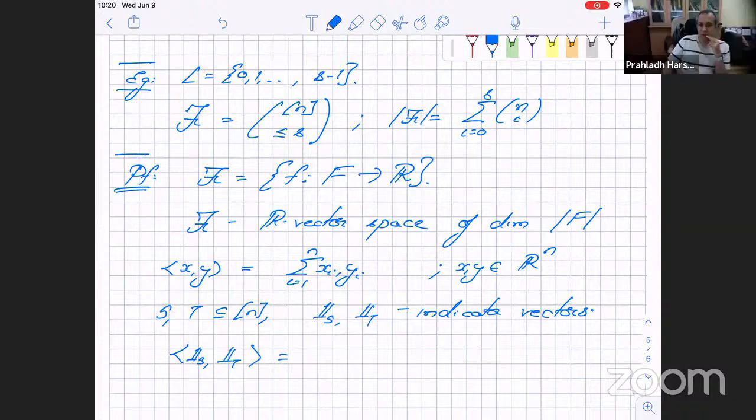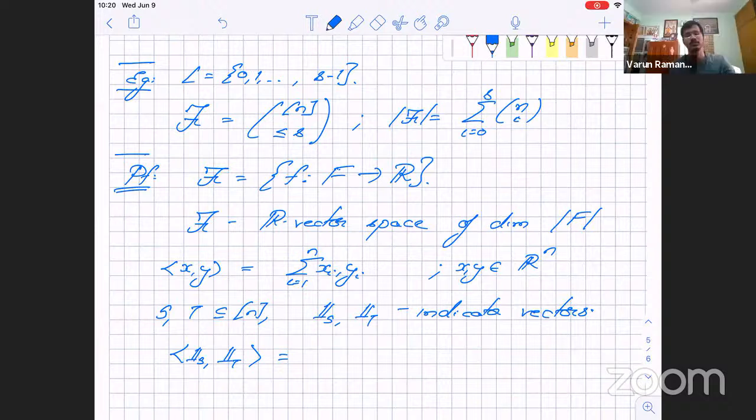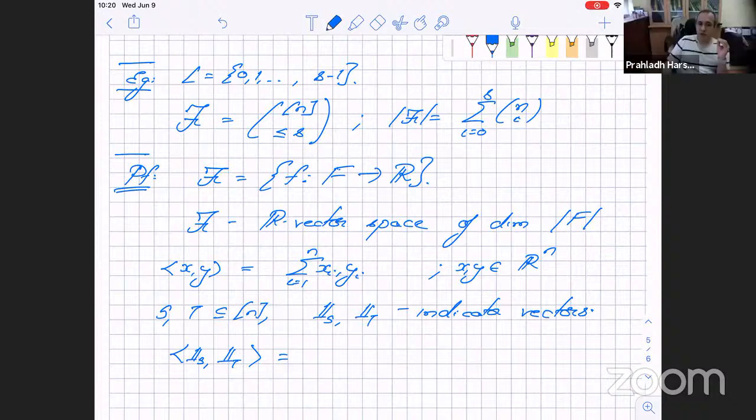Is everybody with me on this? This is important because this is where the intersection is going to come in.